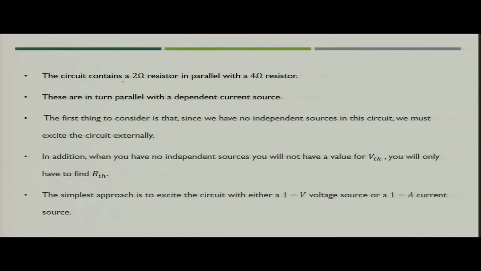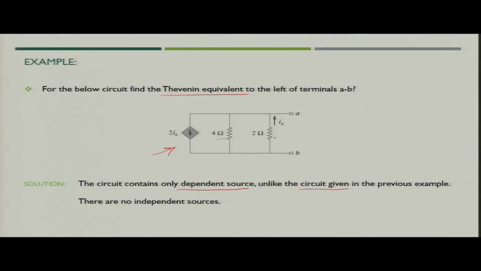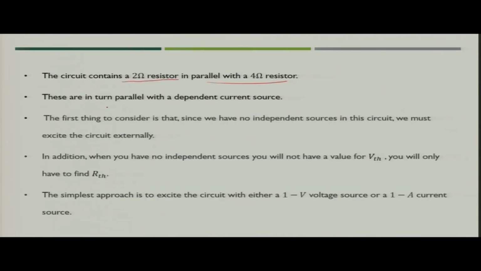We just see that this circuit contains a 2 ohm resistance in parallel with a 4 ohm resistance. So, these two are in parallel, and they in turn are in parallel with the dependent current source. Now, the first thing we have to consider is that since we do not have any independent source in the circuit, we must excite the circuit externally.